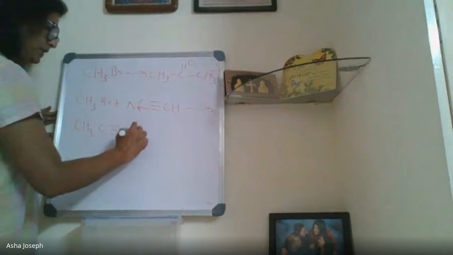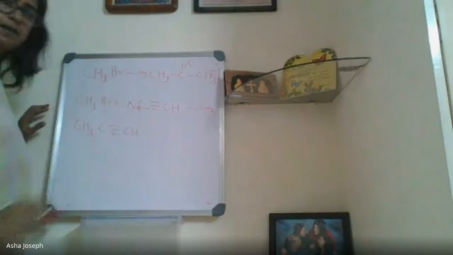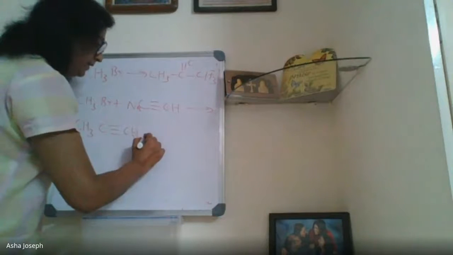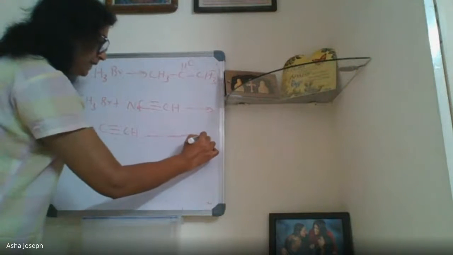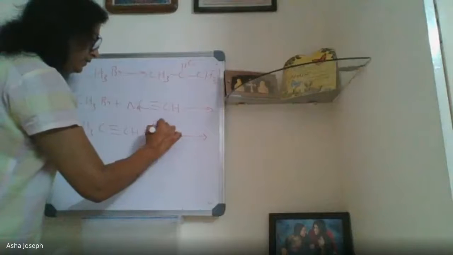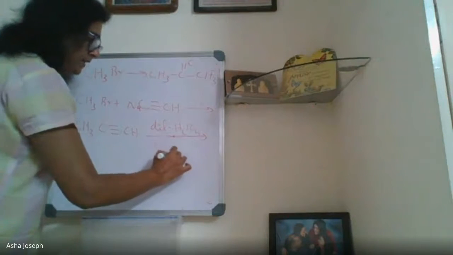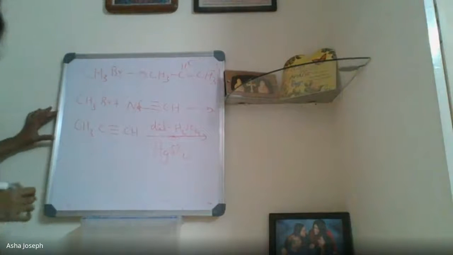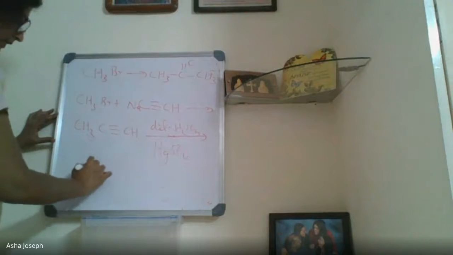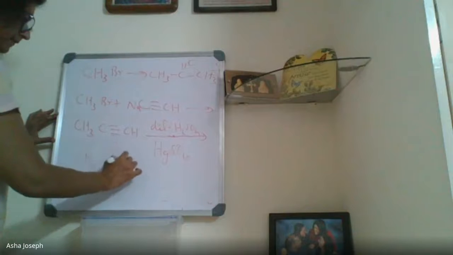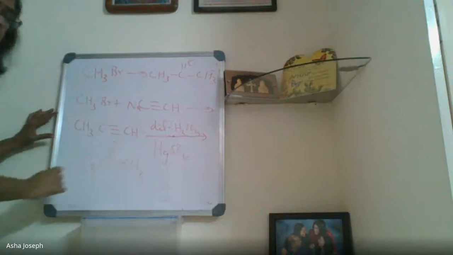CH3C≡CH, right? Propyne you will get, and then propyne with dilute sulfuric acid, mercuric sulfate or any mercury 2 plus salt, then you will get propanone. Clear?